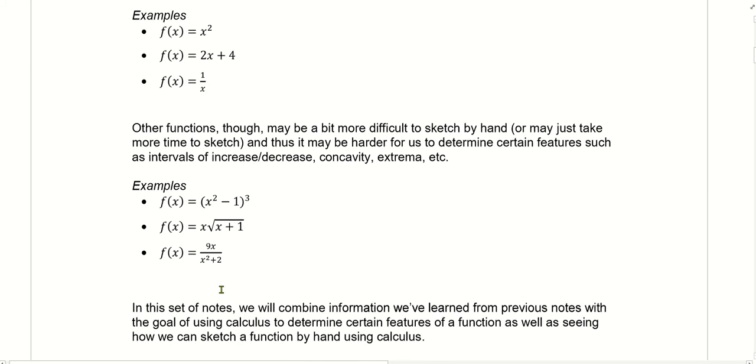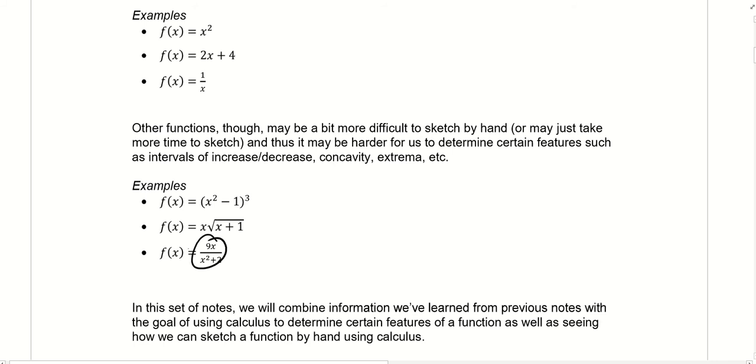But like I said, a lot of times in the real world, if you're interested in the behavior of a function, it's hard to just graph it, especially by hand without a calculator or a graphing calculator. And so it's harder for us to determine certain features. Something like f of x equals x times the square root of x plus 1, for example, is a little bit harder to graph or to think about what it looks like.